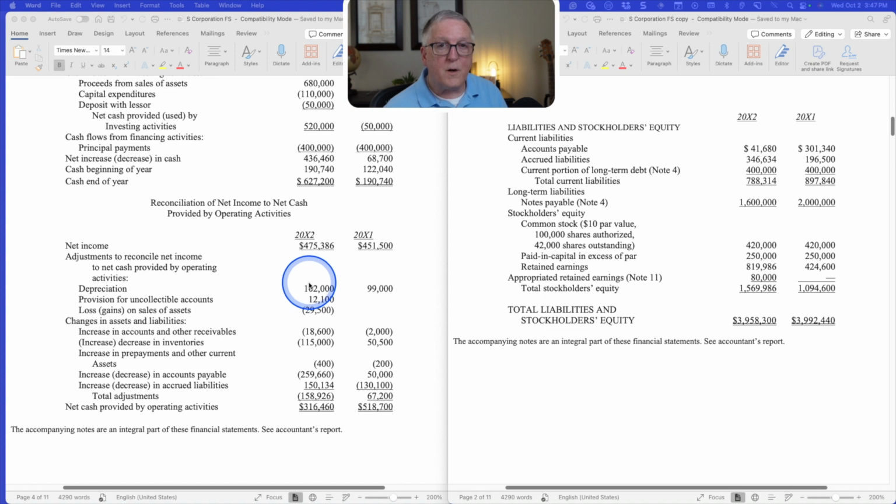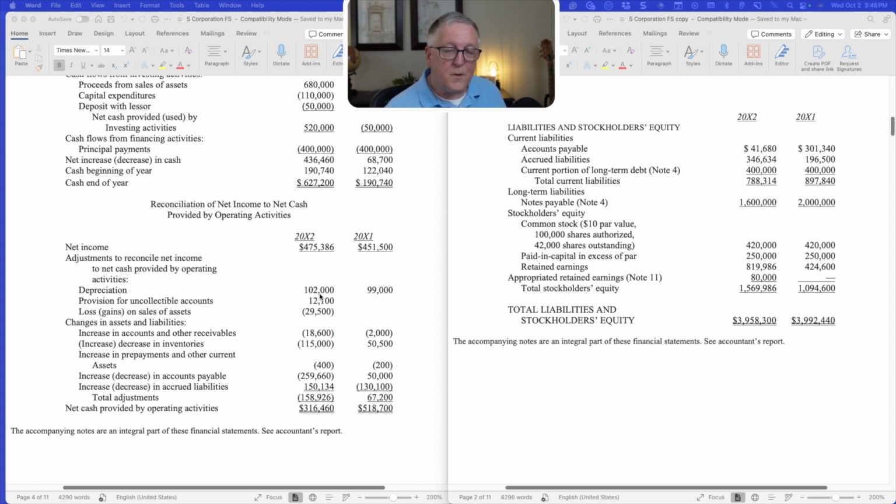But I go back to what I said a minute ago: when you run into problems, start isolating particular transactions. Usually you'll know there's 2 or 3 places you're not quite sure about. Go to those places and ask yourself, if that was the only transaction, how would that affect cash?